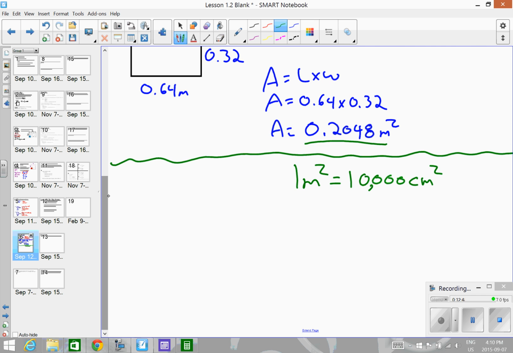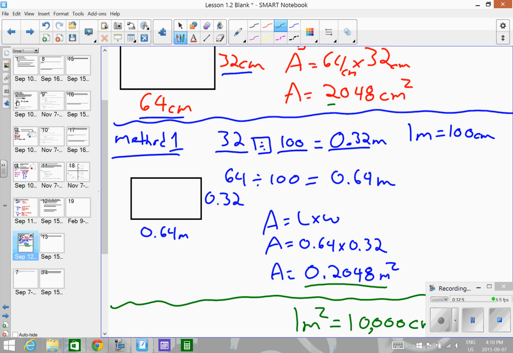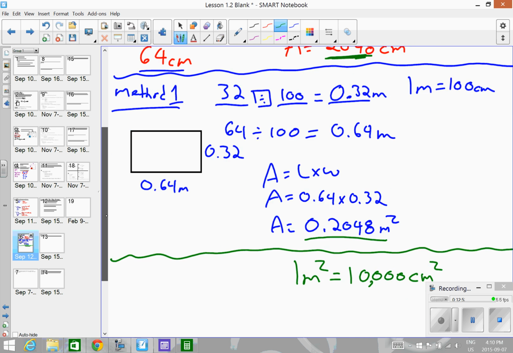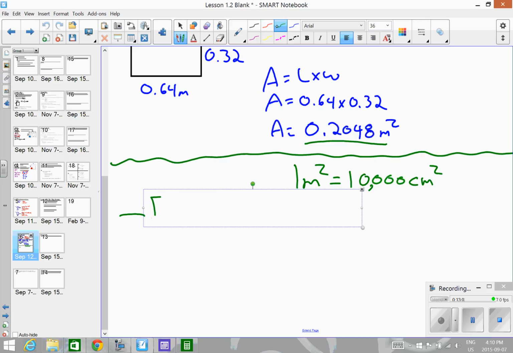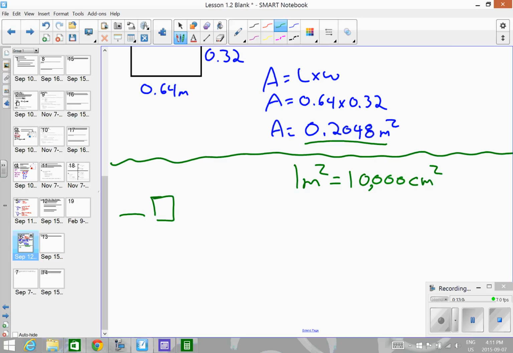All right, so we can just convert this 2048 centimeters squared straight into meters squared. So I'm going to set up another skeleton equation. All right, so our first blank is from our question. That was our 2048. Our second blank, that's from our formula sheet. 10,000.